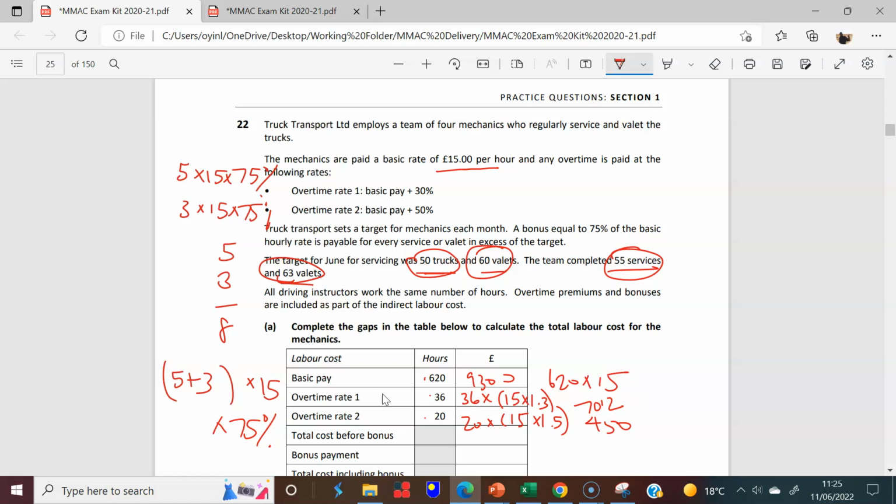Right, so let's add all this together. So 620 times 15, just to confirm that. And so 9,300 plus, let's do that again, 36 times 15 times 1.3. Yes, so 9,300 plus 702 plus 450 is 10,452.